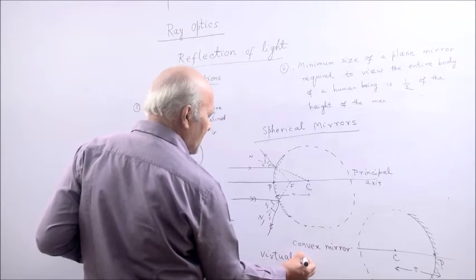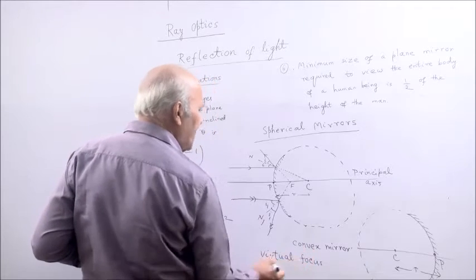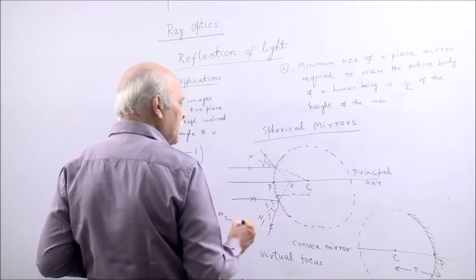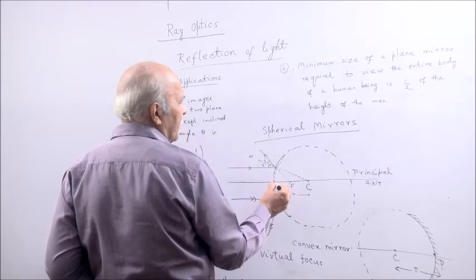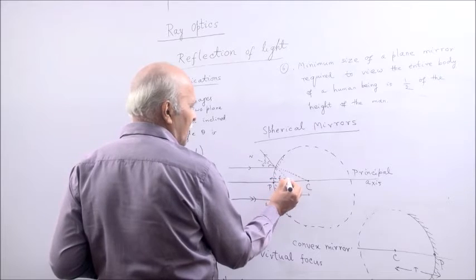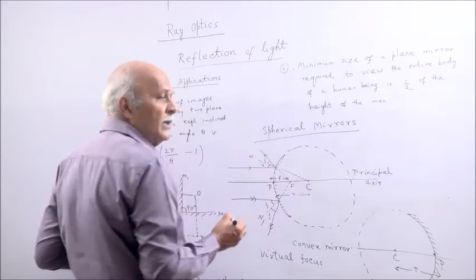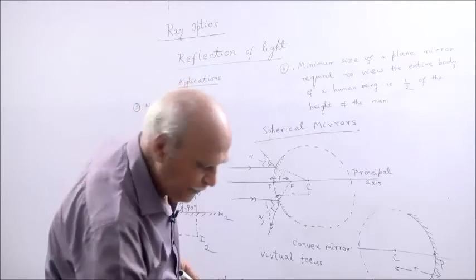Virtual means there is no real existence, because you have extended it to get it, but still it can be proved that this focal length f is half of the radius of curvature. It can be proved.